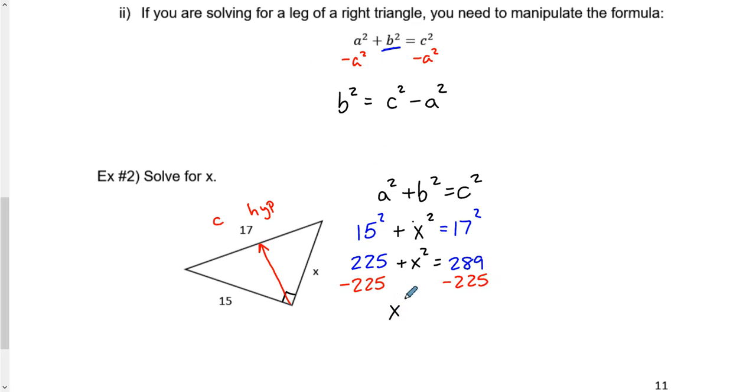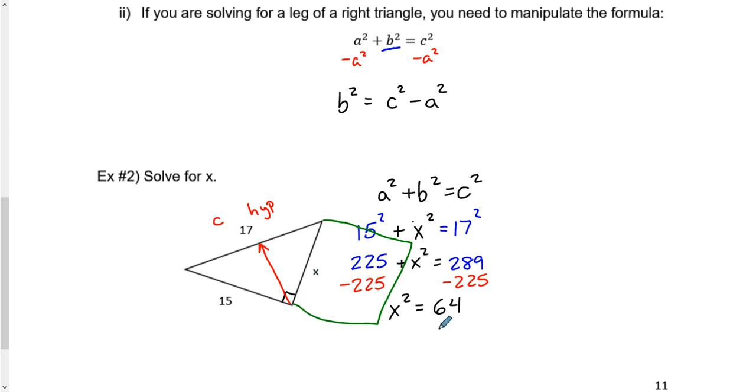And all we're left with is that x squared should be 64, if I'm doing everything correctly. Yes, 64. And once again, that is the area of the square that is built off of this side.